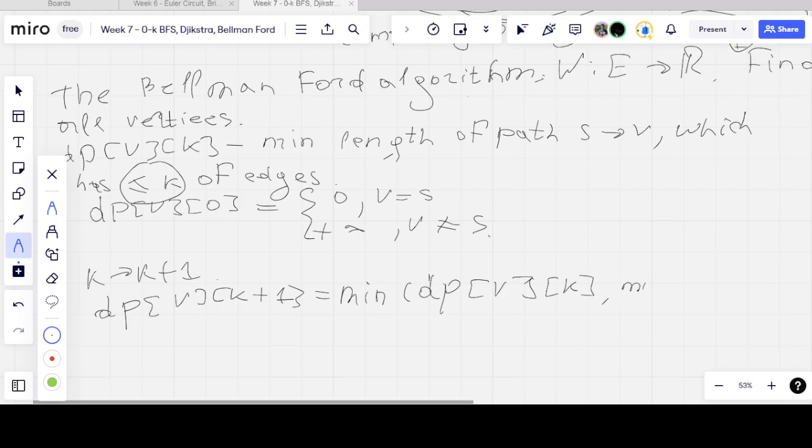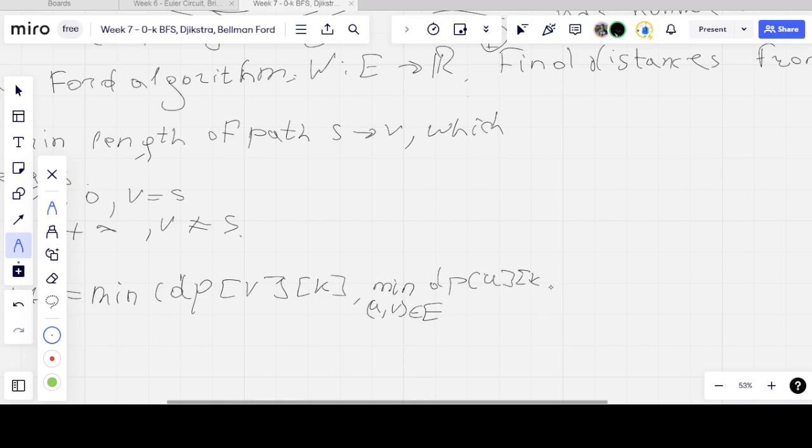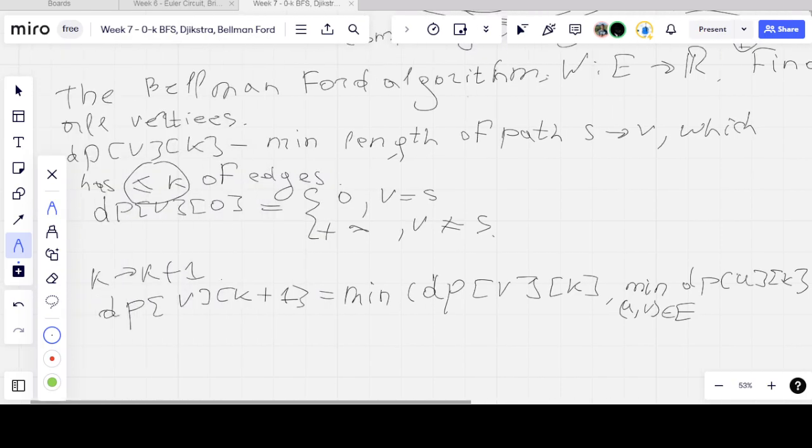The minimum over edges (u, v) belonging to E of dp[u][k] plus the cost of uv. That is very easy to compute.